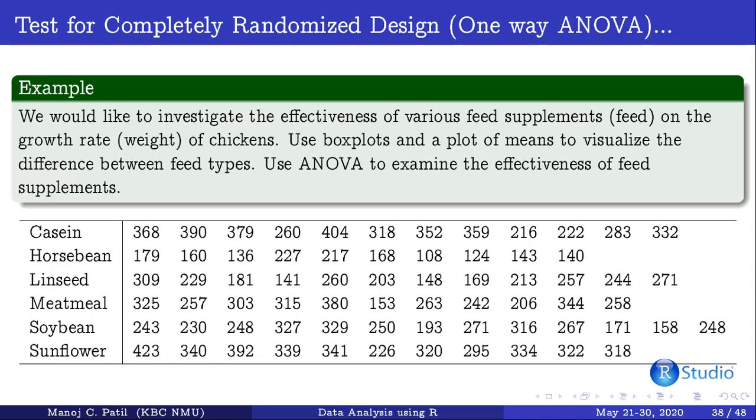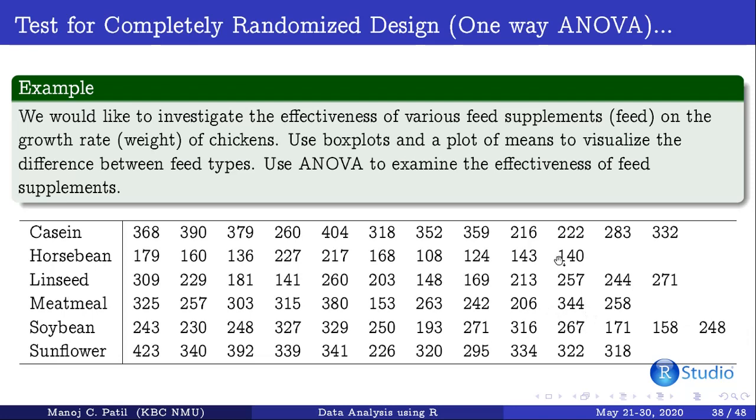So we have these observations. These are the names of the feeds: casein, horsebean. 6 feed supplements are there. 12, 12, 13, 11, 11, and 10 observations are there.